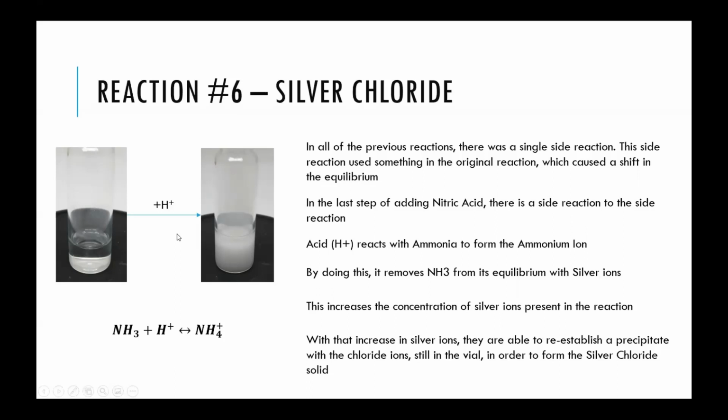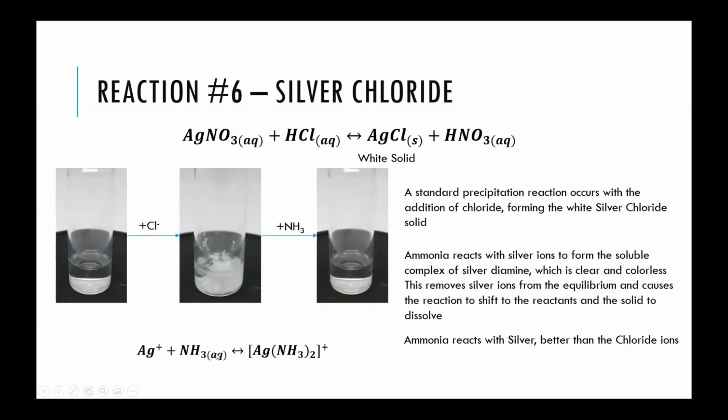When this happens, the reaction of ammonia and H+ is removing ammonia from this intermediate reaction. By removing this ammonia as a reactant, the silver diamine complex can shift from product back into reactant. So in this step, it's increasing the amount of silver ion and increasing the amount of ammonia by decreasing the amount of the silver diamine complex.